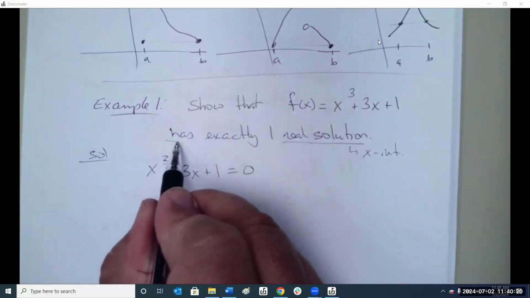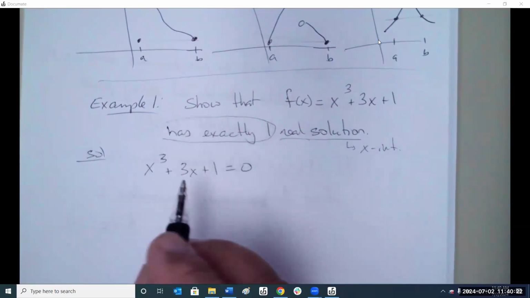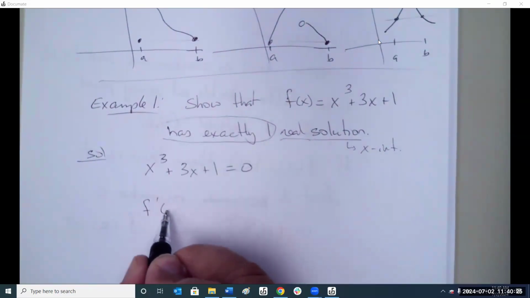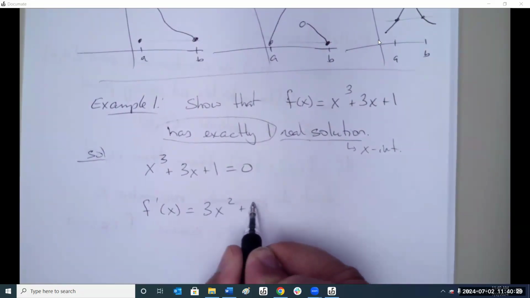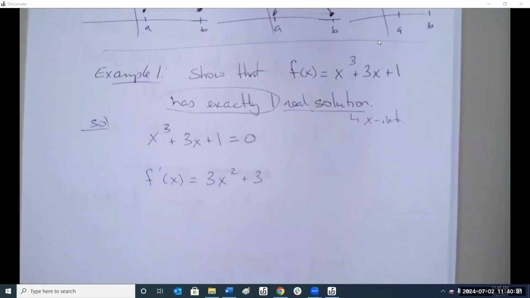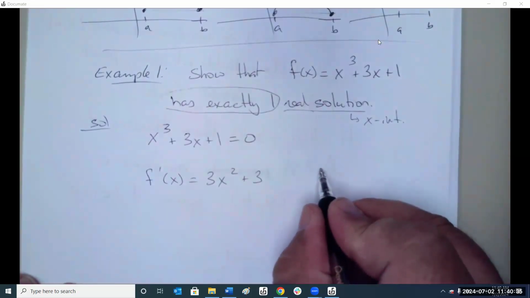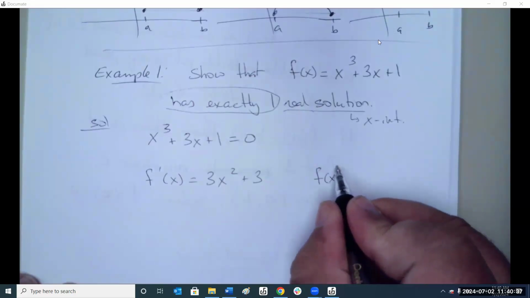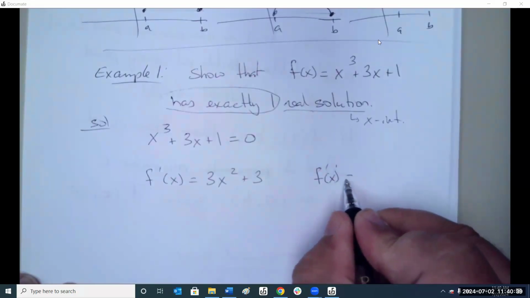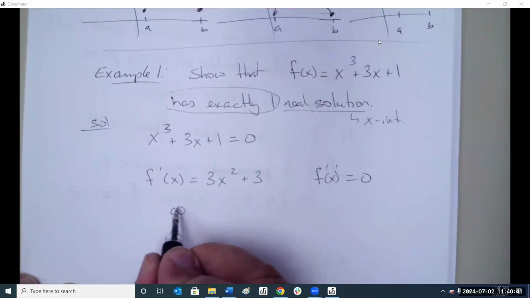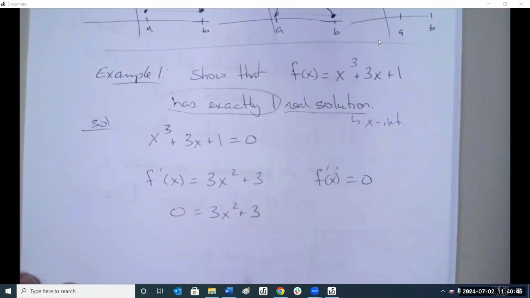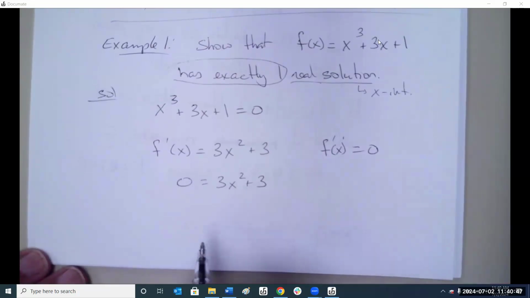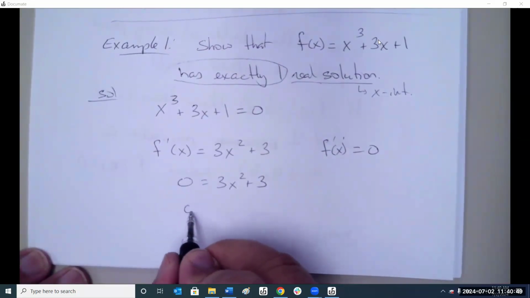So to prove that it has exactly one real solution, we find the derivative. We set the derivative equal to 0 and we solve for x.